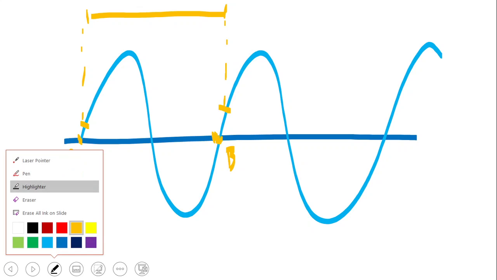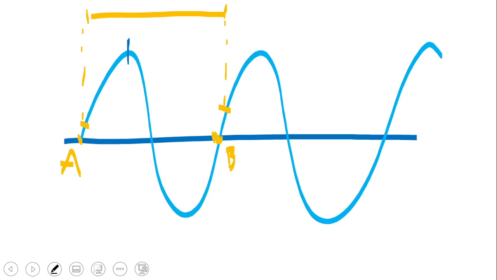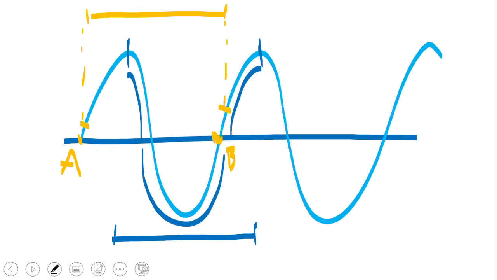Similarly, if we take a distance between this point and then this point, well, this is also a wavelength, because this is half the crest, and then this is half the crest, and this is a complete wave. So if we take two successive points in phase, it is going to give us the wavelength of a wave.